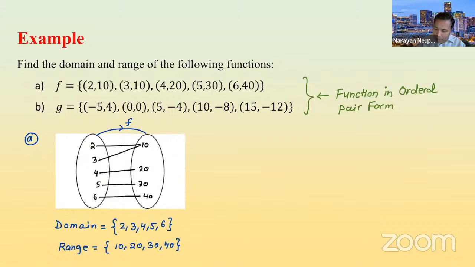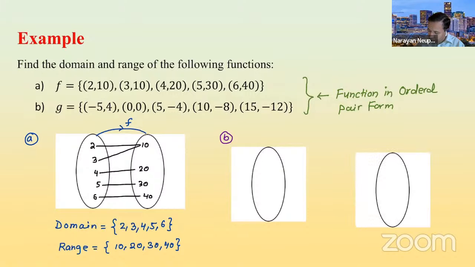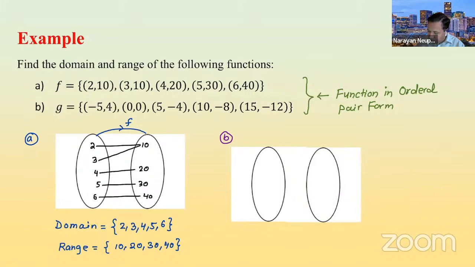Okay, let's repeat the process for the second part, B. First we are going to draw the diagram to represent the function. Please draw the diagram along with me here. The second function we have here is function G. You can see G is the function from the first set to the other.